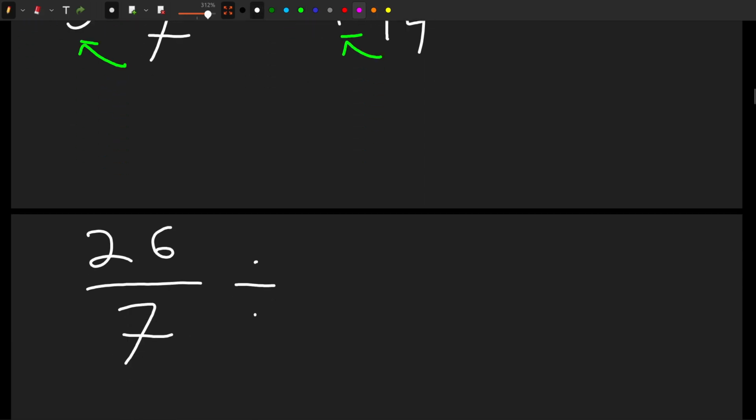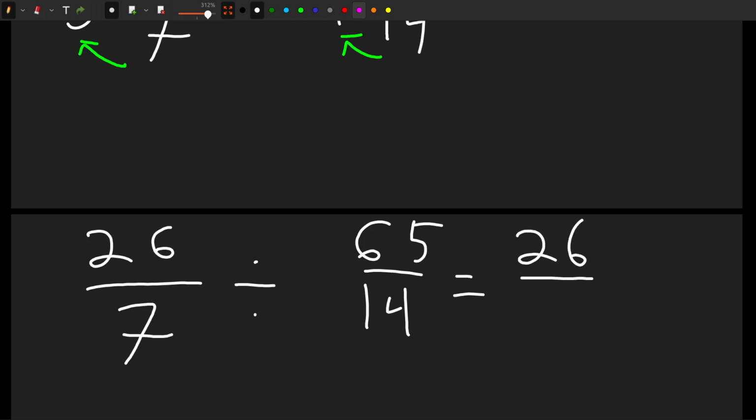So then I will have 65 over 14. Now, taking the reciprocal, I'm going to have 26 over 7 times 14 over 65.